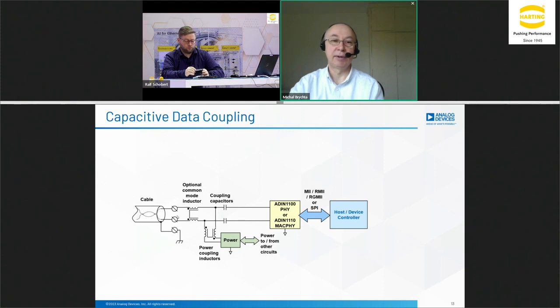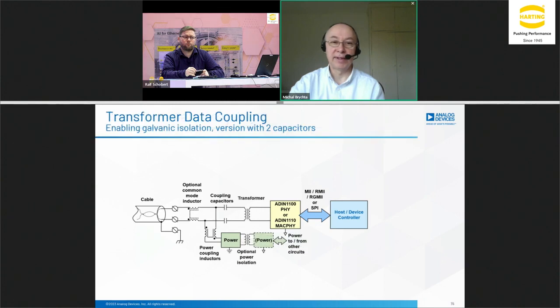So the data come from the cable or go to the cable through AC coupling from the PHY, the physical layer device that communicates the data, and through an inductor, it's connecting the power. Again, either taking the power into the device or delivering into the cable. So capacitive coupling, pure capacitive coupling, is one of the options.